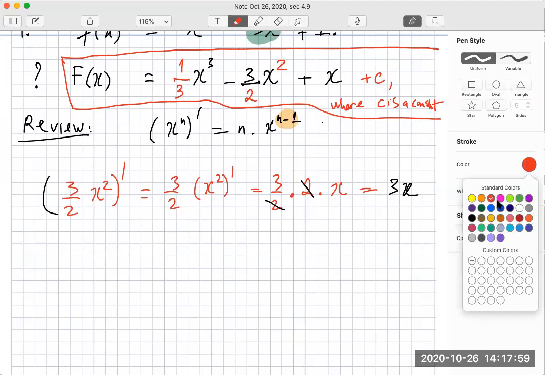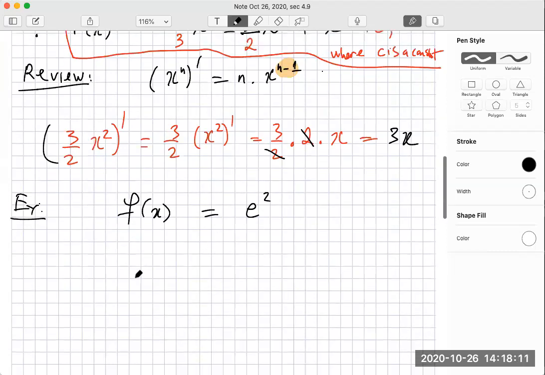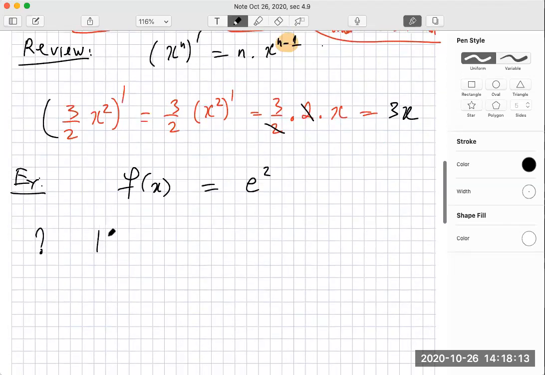Let us try. If f of x here is e squared, what is the antiderivative of it? Perfect. e squared x plus c.